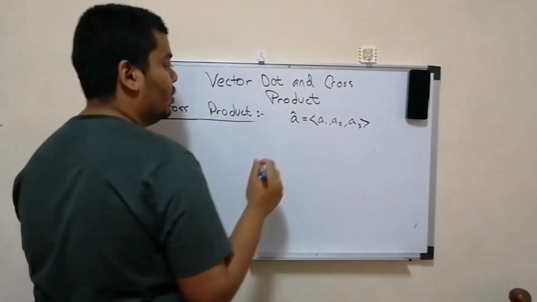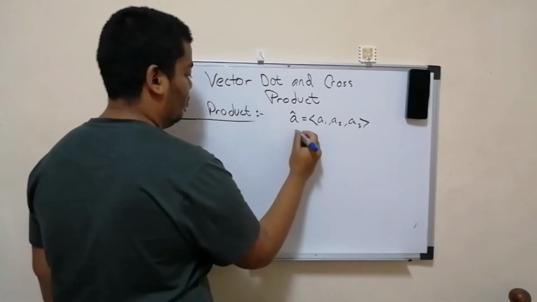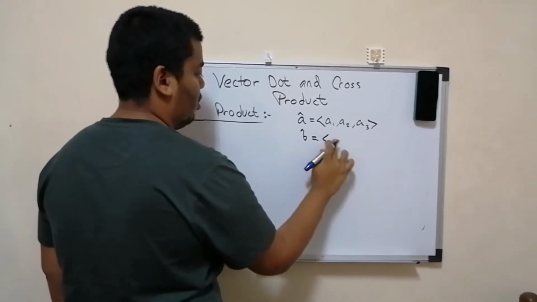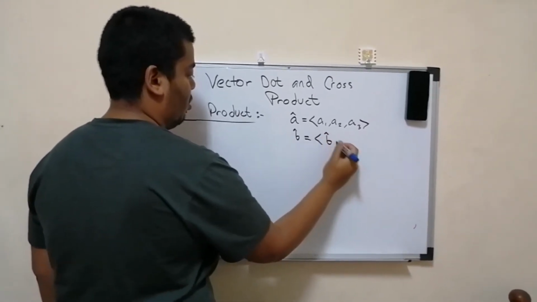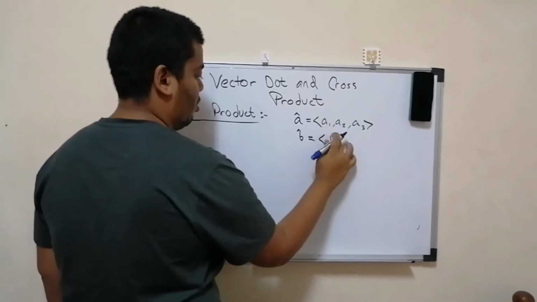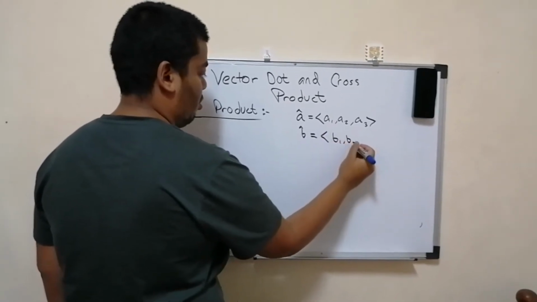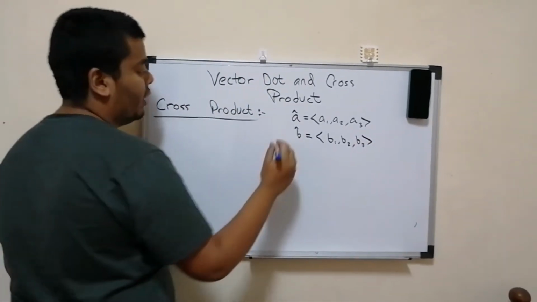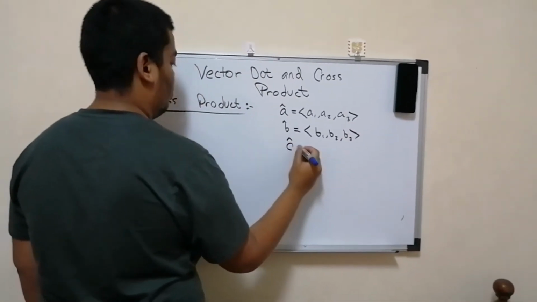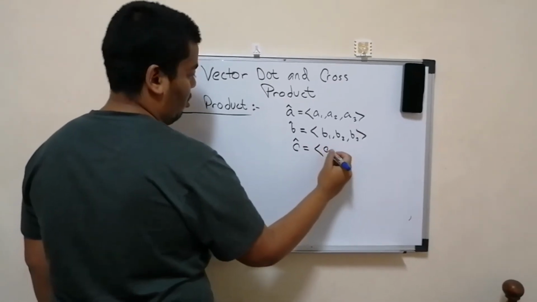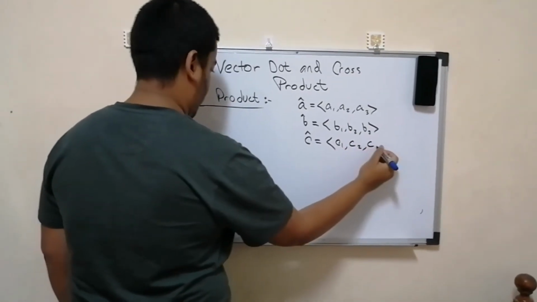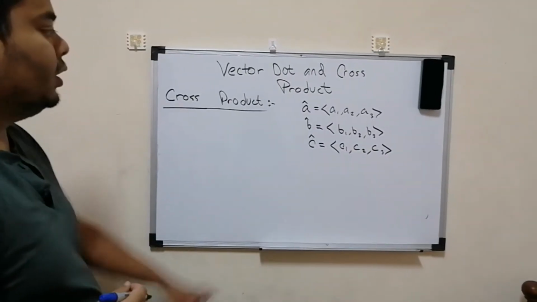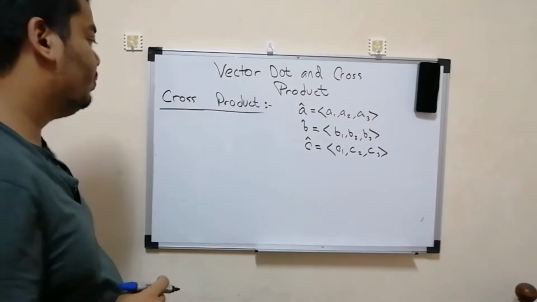We have a vector B. And then we have another vector C. Now, this vector C is special.